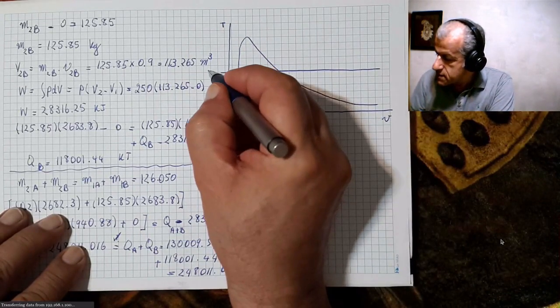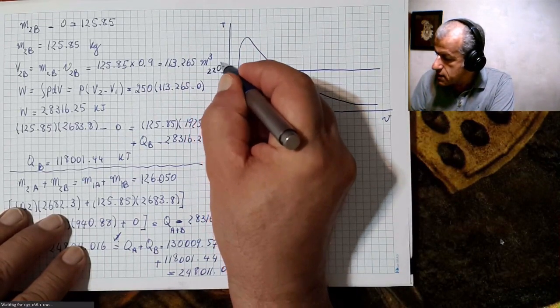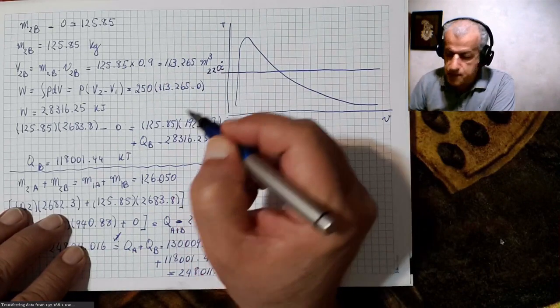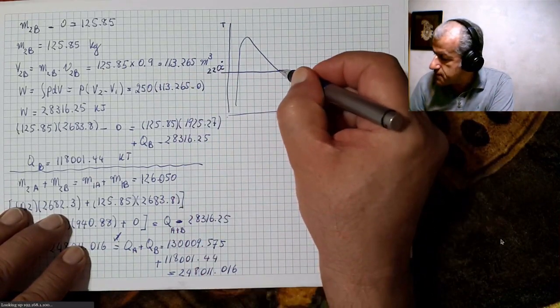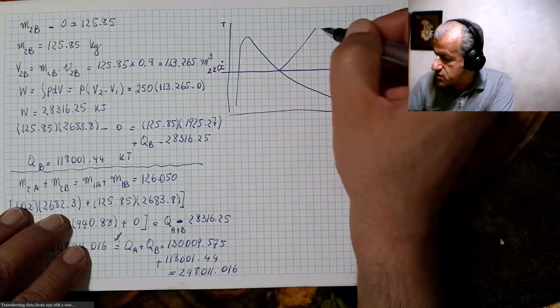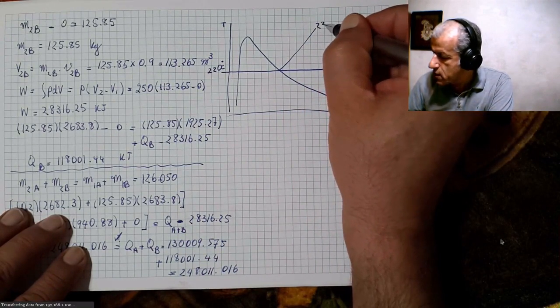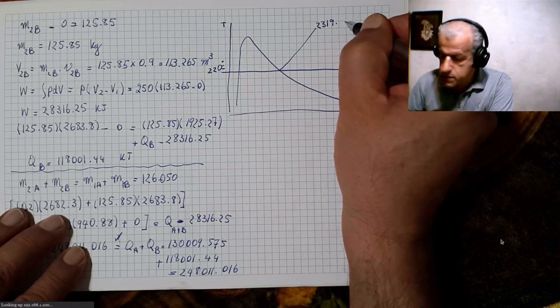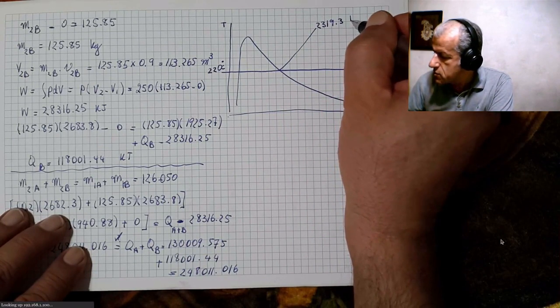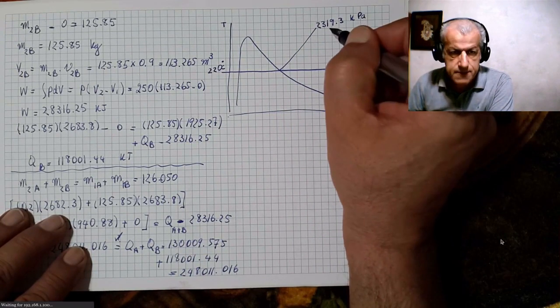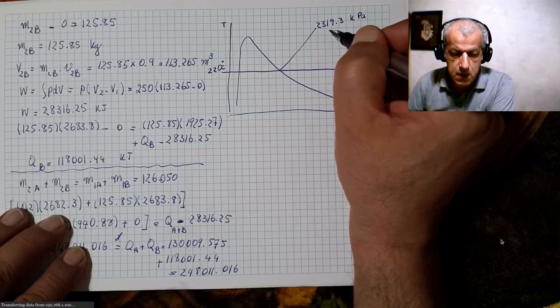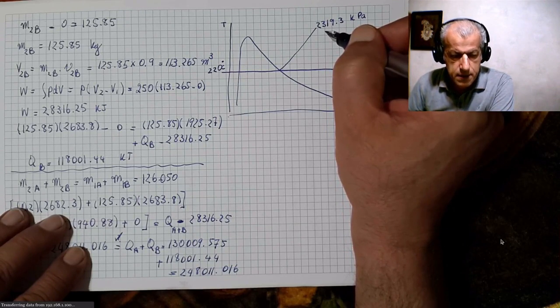So this is 220 degrees C, and the saturation pressure on this line is 2319.3 kilopascals.